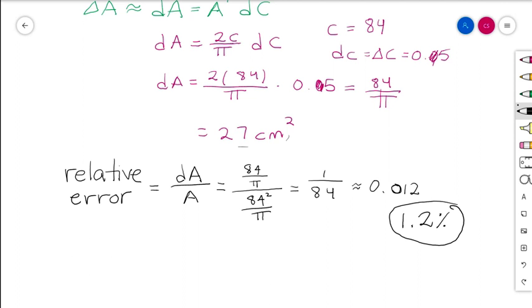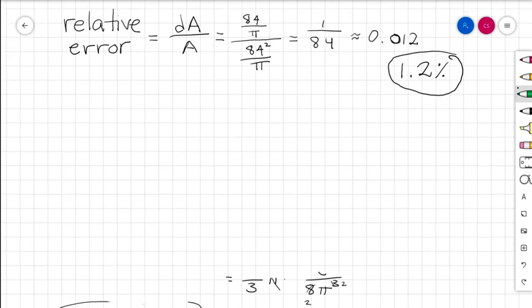So if the circumference is off by 0.5 centimeters, the relative error in surface area is 1.2%. All right, so we're going to do the whole thing over again, this time with volume.